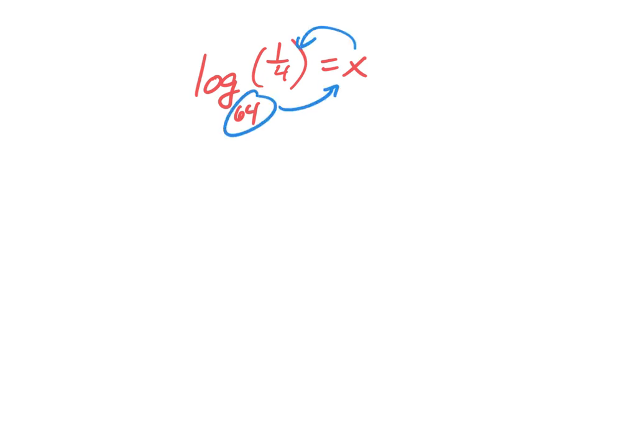Okay, here's another one. Log of 1/4 base 64 equals x. Okay, and I'm going to show you there's a couple of different ways that we can approach some of these. This one, obviously, you can do the same thing we've done on the last couple of problems. 64 raised to some power equals 1/4.